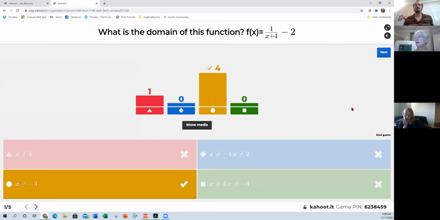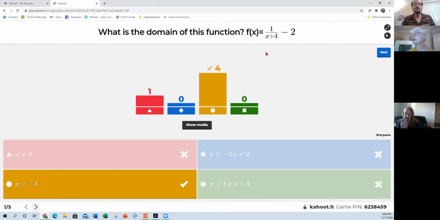Okay, so most of y'all got that right. Good. So if you have a rational function, the denominator is what you're concerned about with respect to the domain usually. So you are going to take that denominator and set it equal to 0. And whatever that solves to, so you get x equals -4, that is what is not included in the domain.